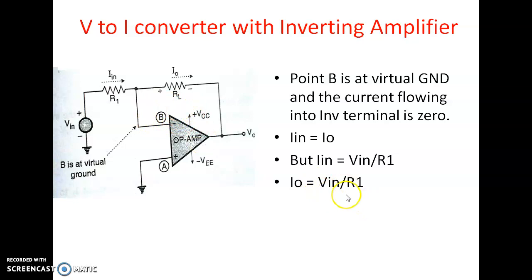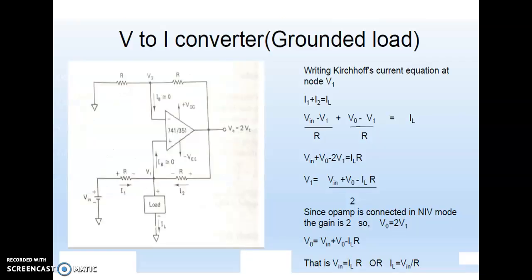So I0 is equal to Vin by R1. Thus, the current flowing through the load is proportional to the input voltage Vin. Hence, this circuit is also a voltage to current converter. The disadvantage of this circuit is that the entire load current has to be supplied by the input source itself. The applications of this V2I converter are diode match filter, LED driver or tester, Zener diode testing, DC voltmeter, and also a relay driver.